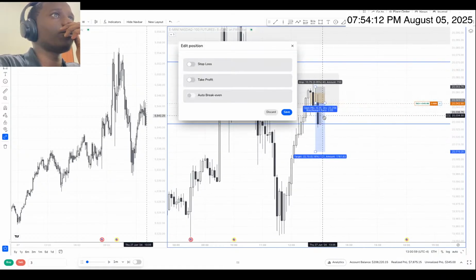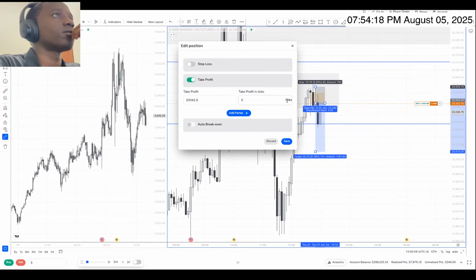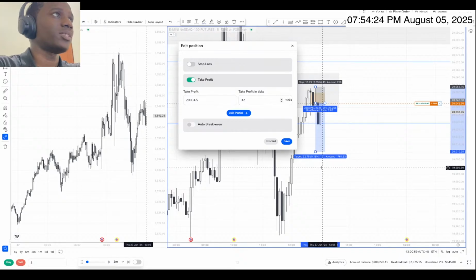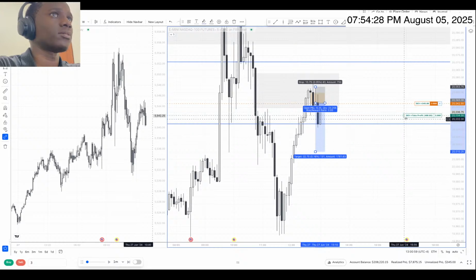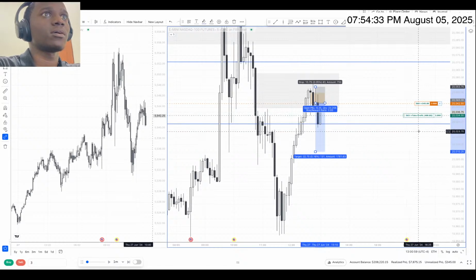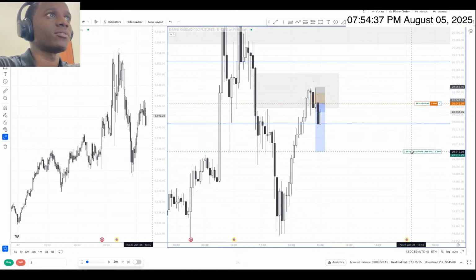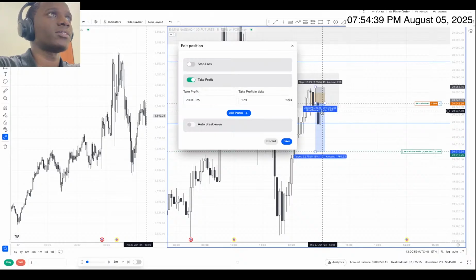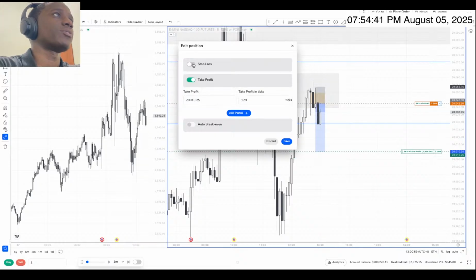So I'm looking for how many ticks? 32 handles. 32 handles is 20,010. Should multiply by 4. Okay. So my SL is 10, so it's 40.